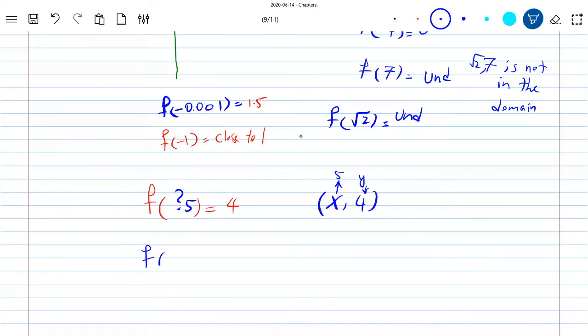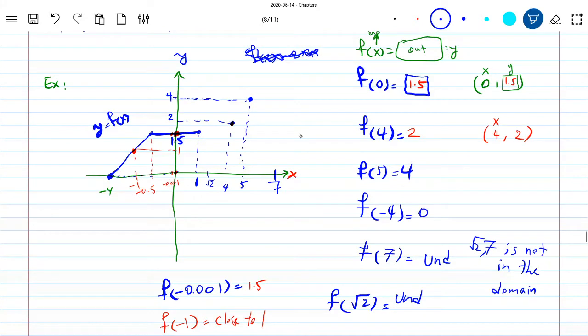The only difference is if I ask you what is x such that f of x equals 1.5. Can you tell me what that point is? At 1.5 given as the y value, I can have 1 as one of the points. I can have 0.9, 0.8, 0.7, 0.77, 0.66, all those numbers.